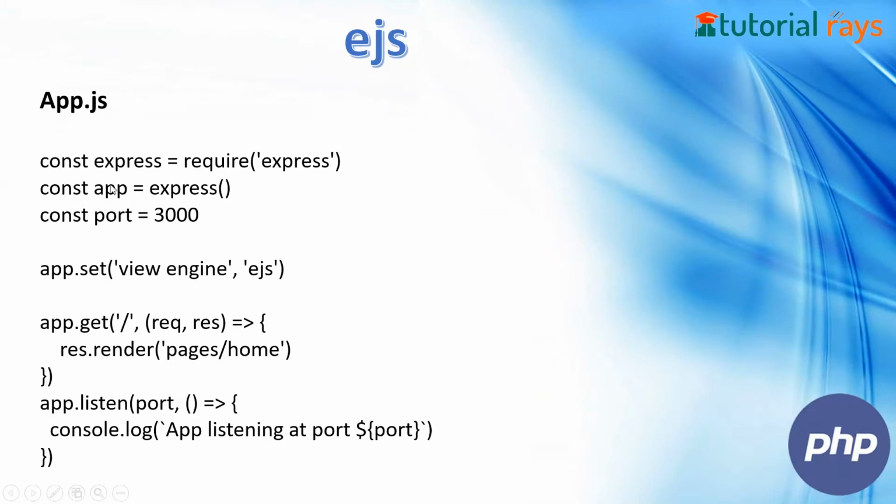First we will import express, then this is the port number, and we are creating an object of this express. Finally we have to set app.set. We have to tell Node.js which template engine we are going to use. So we will tell it that we are going to use EJS, and then app.get with slash, which means when we open the home page, there is a request and response.